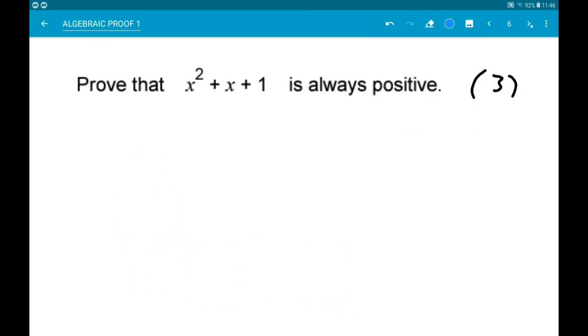Now the way that we do this is by completing the square. So x squared add x add 1. Okay, so to complete the square, you want a single pair of brackets with a square on the outside and an x on the inside. For now, we're going to keep that plus 1 on the outside.